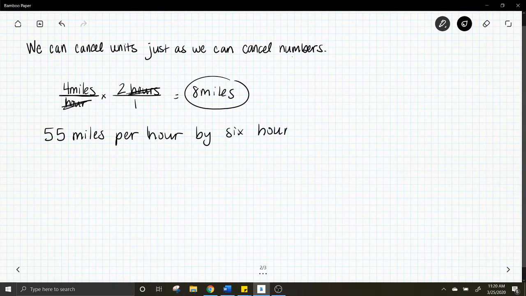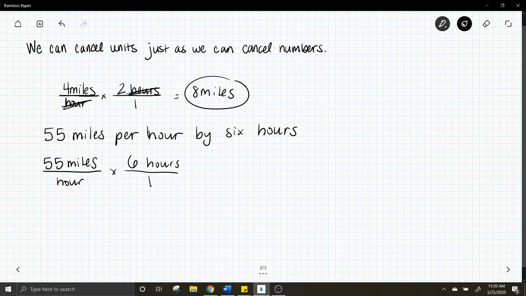So you might wonder, how do I translate this to write mathematically? So 55 miles, our fraction bar represents the term per, so 55 miles per hour multiplied by 6 hours.